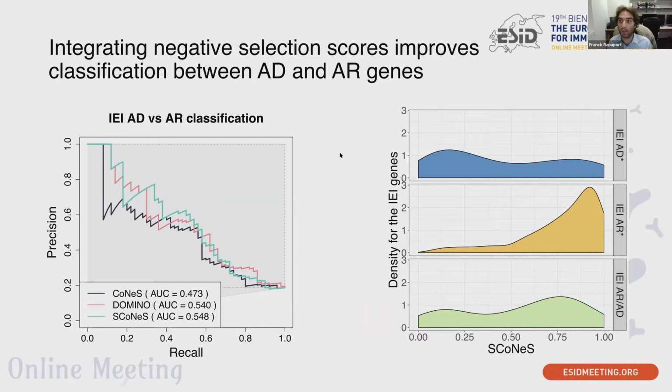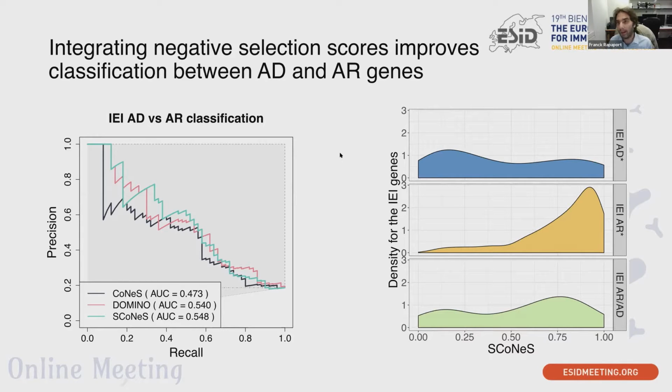So introducing this negative selection score does indeed improve the performance of this classifier. You can see that on the left-hand side with the area under the precision recall curve, where we do a little bit better. Domino itself does better than the unsupervised version of the score, CONS, that I presented before.